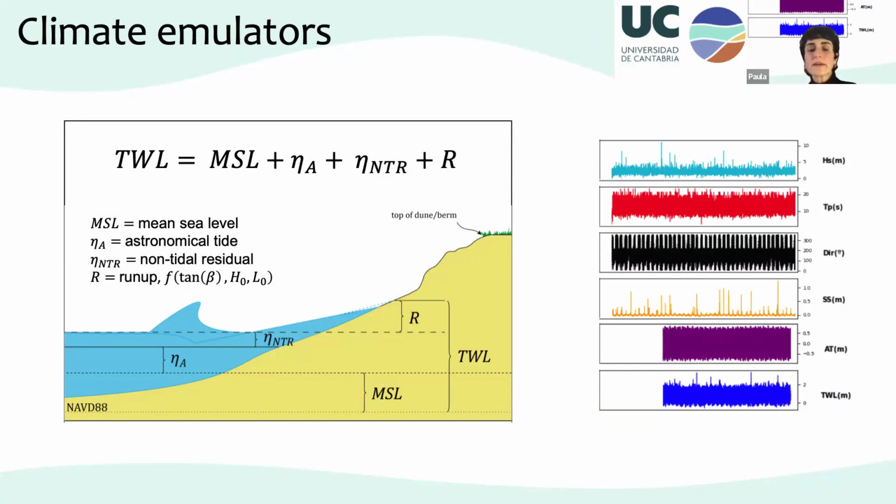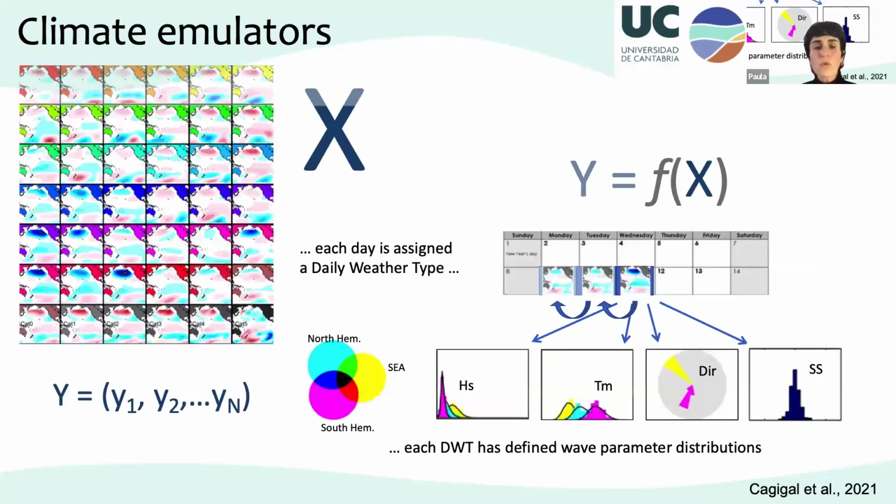But usually we only have historical data, and the extreme sea levels are usually a reduced sample. So with this climate emulator, we can simulate synthetic events. And we use this statistical relationship.